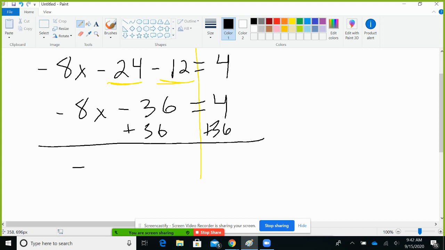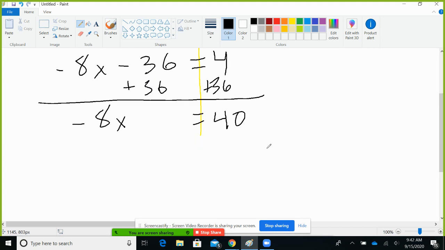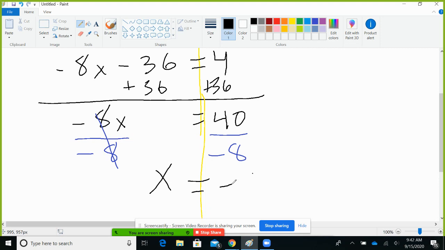And I get -8z equals 40. Nice. Divided by -8. Divided by -8. z equals -5.